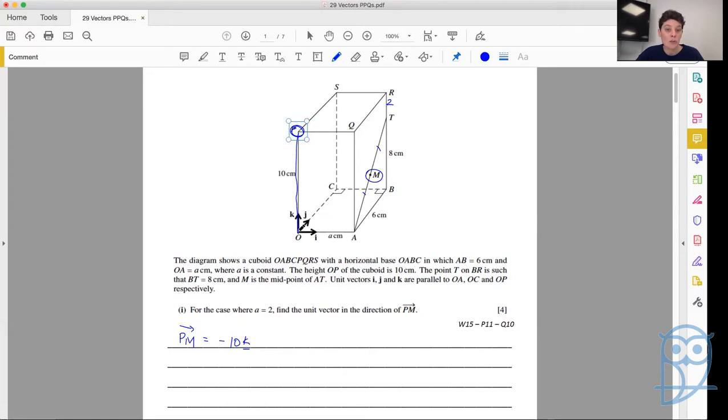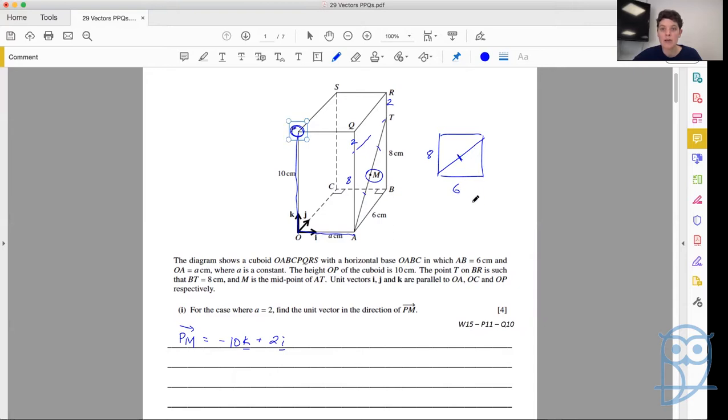I'm going to go across the bottom here to get to A. So my little a is 2, so this is in the i direction, plus 2i. Remembering to underline as we go. Now we're on this face of ABRQ, and we've got to get halfway along AT to get to M. Okay, so if we think of this as a new face, which is 8 by 6, so we've got 8 by 6.